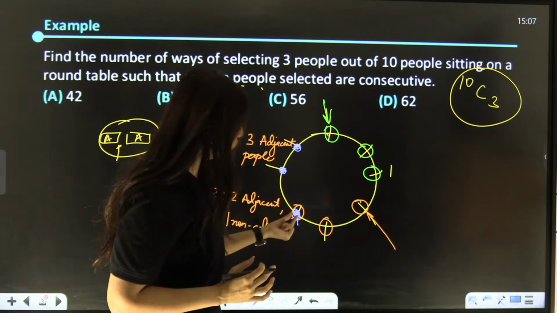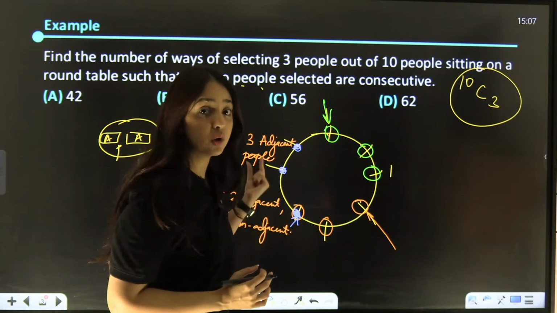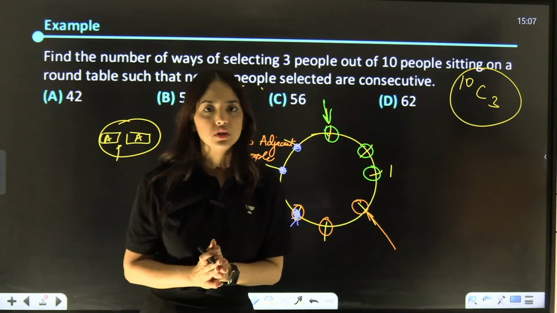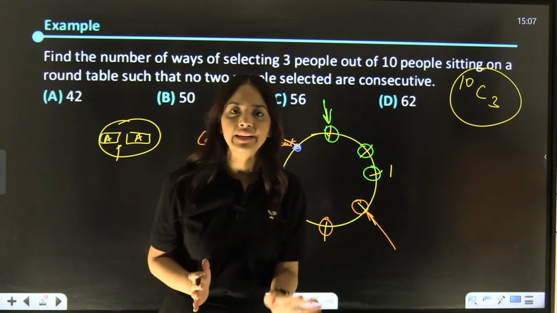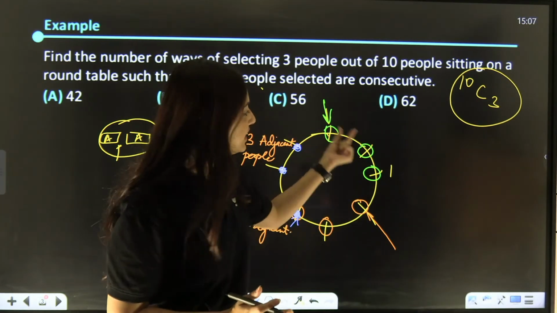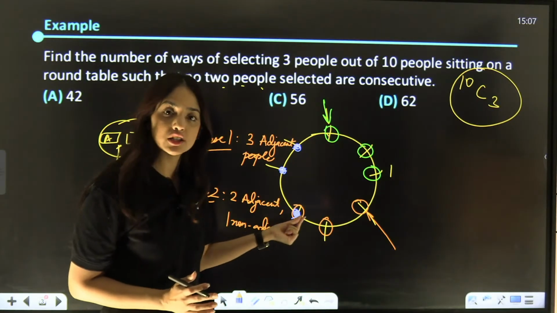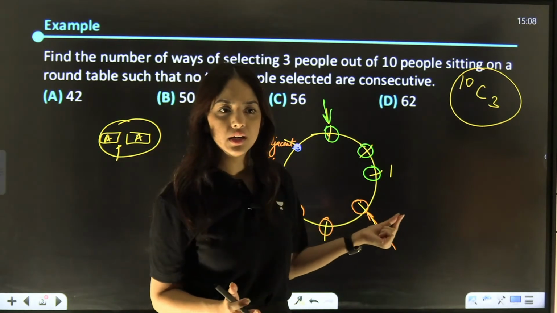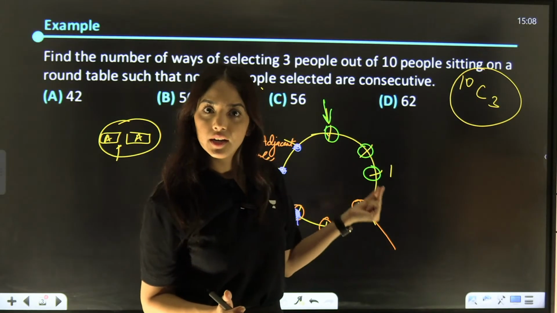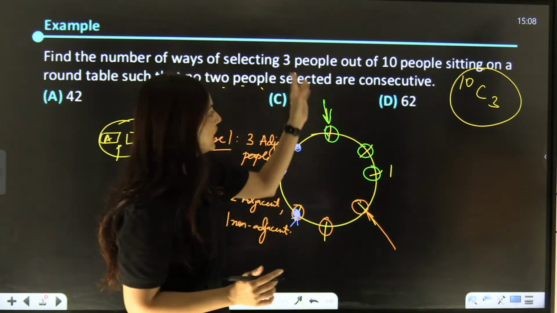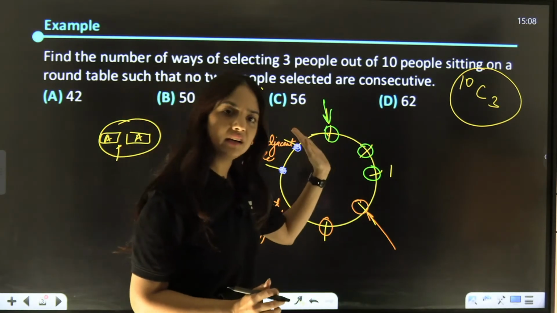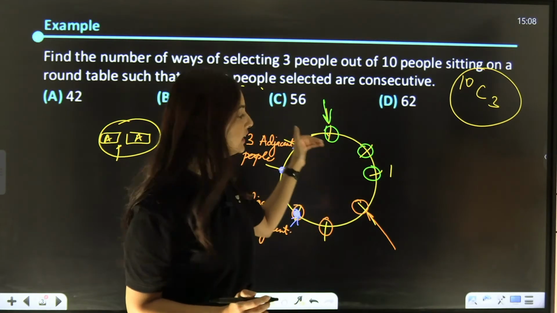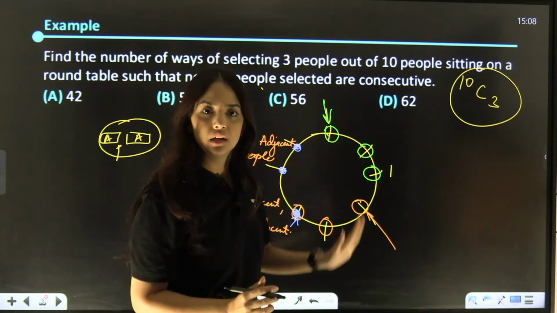So as soon as I fix the first person and go in the clockwise direction, I know which 3 adjacent people to choose, right? So that means all I need to count is how many ways can I fix this first person. In how many ways can I fix this first person? 10, because out of all these 10 people, I can fix any one of them, and as soon as I fix them, I get 3 adjacent people.